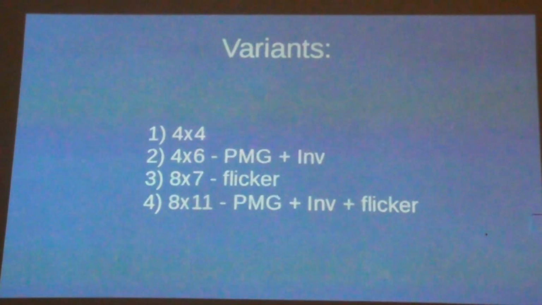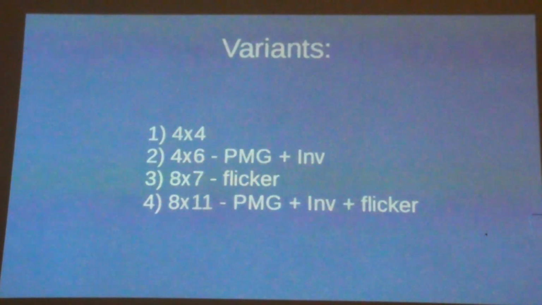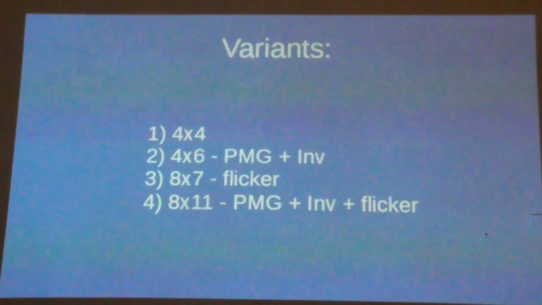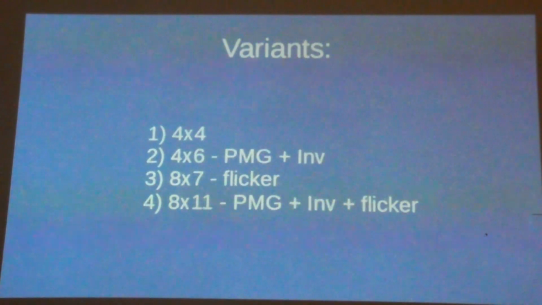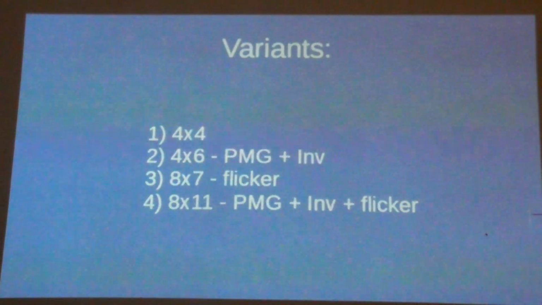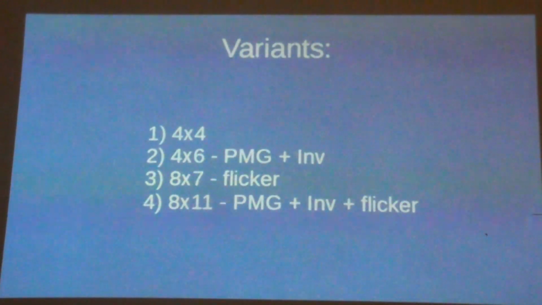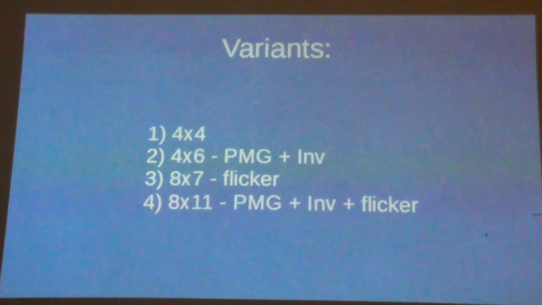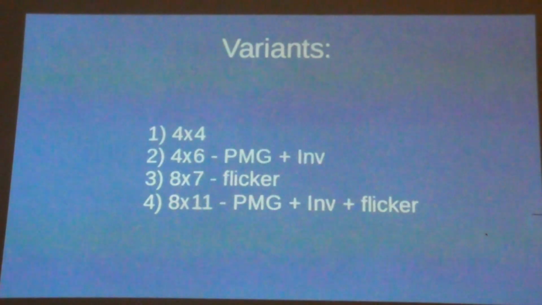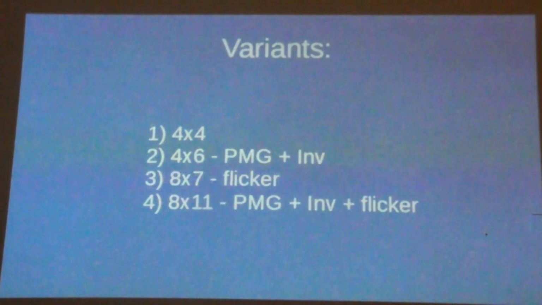So here are the main variations of the image types I use. The simplest is 4x4. It means I use 4 colors and 4 brightnesses. Basically there is just one screen mode on Atari.